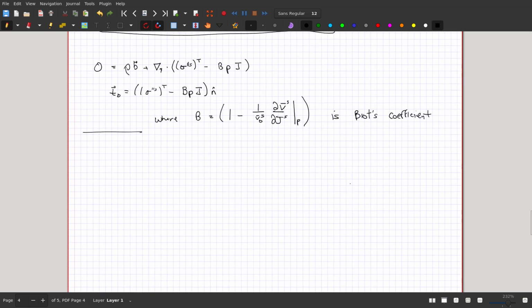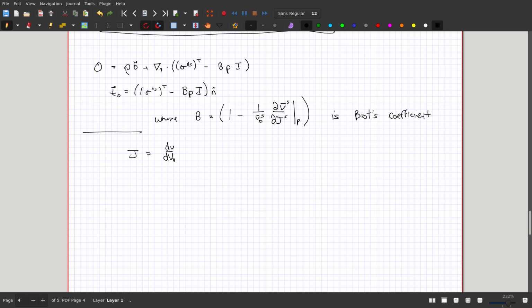Let's define J as dV, that's little v, over dV0. So this is the current configuration volume over the reference configuration volume of all constituents, right?